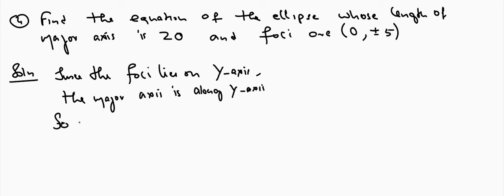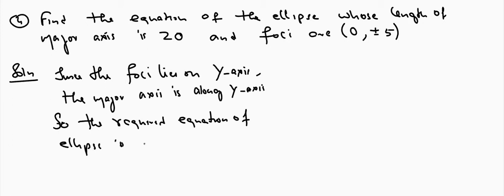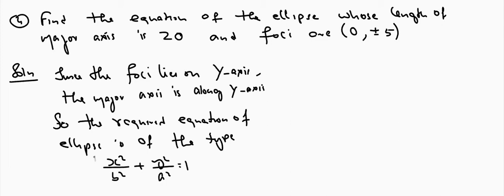So the required equation of the ellipse is of the second type, that is x square by b square plus y square by a square equals 1.